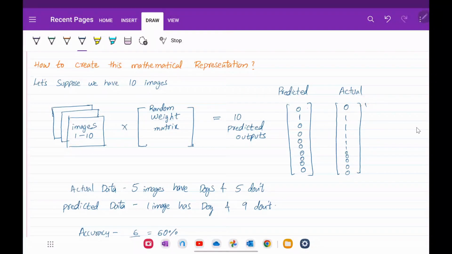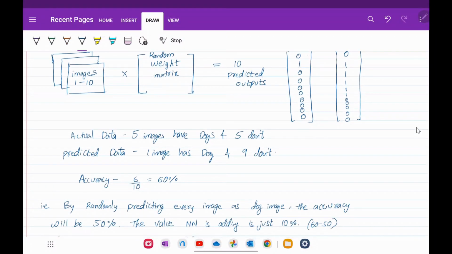The first image does not contain a dog, and the second image contains a dog, and so on. When we try to see how well the neural network did, you can see that there are 5 images that have dogs and 5 images that don't.